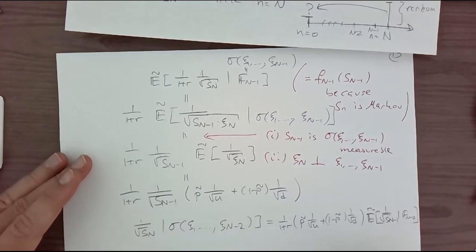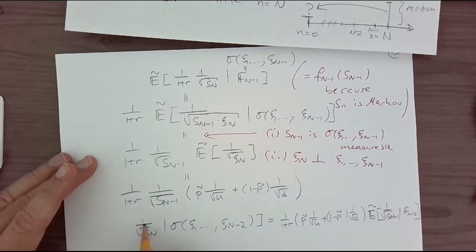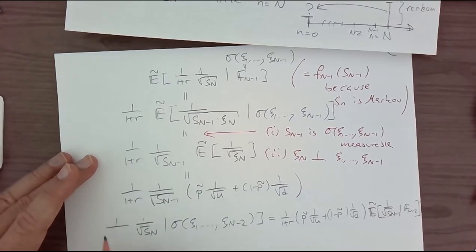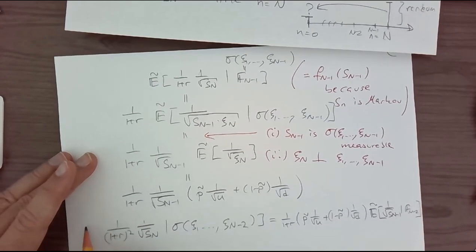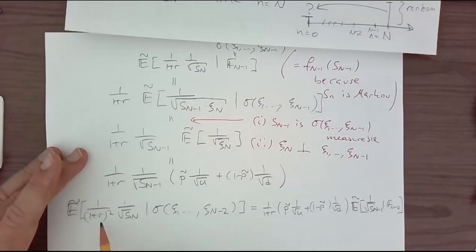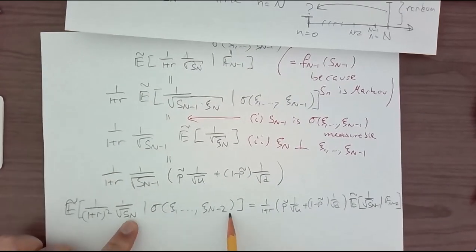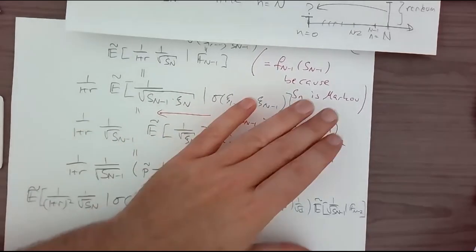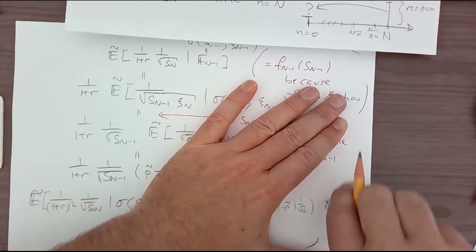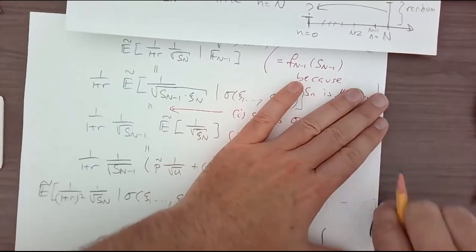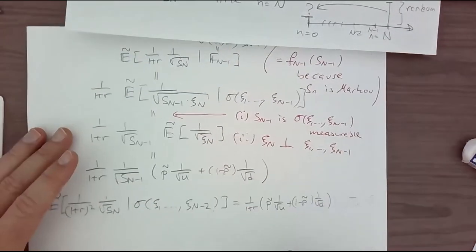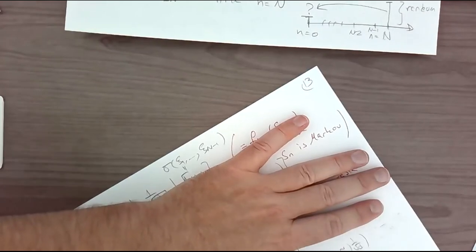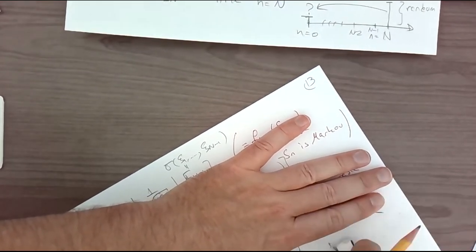I should have discounted it out 2 places. So this is 1 plus r squared. I'm going from n to n minus 2, so I need a square there. And I need some more space here. Let me write it out 2 steps so we don't create any confusion.